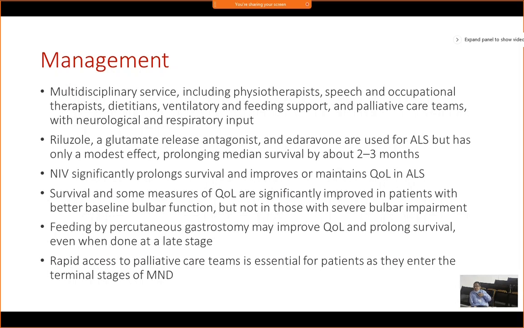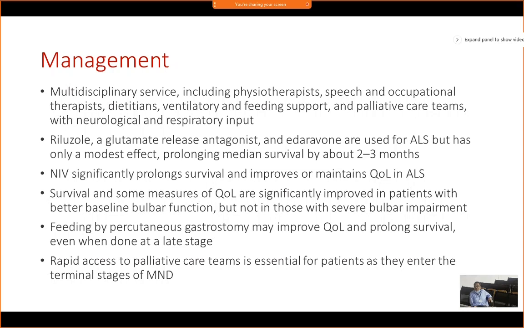Two drugs have been found to prolong life by a couple of months. One is riluzole, the other one is edaravone. These are new drugs. They can prolong the life of the person by a very short period of 2 to 3 months. Non-invasive ventilation significantly prolongs survival.